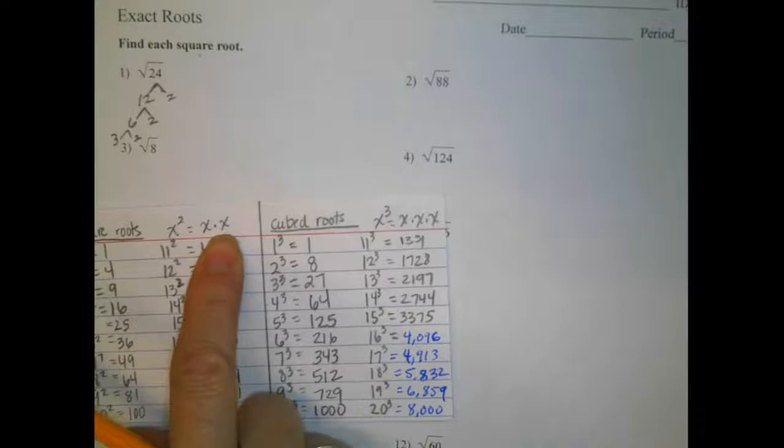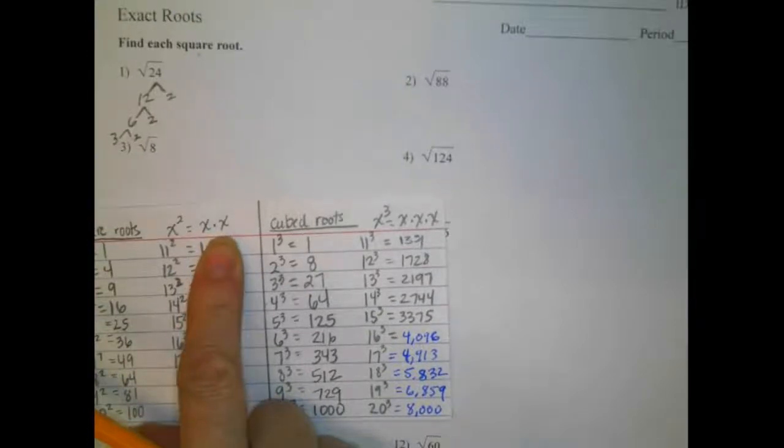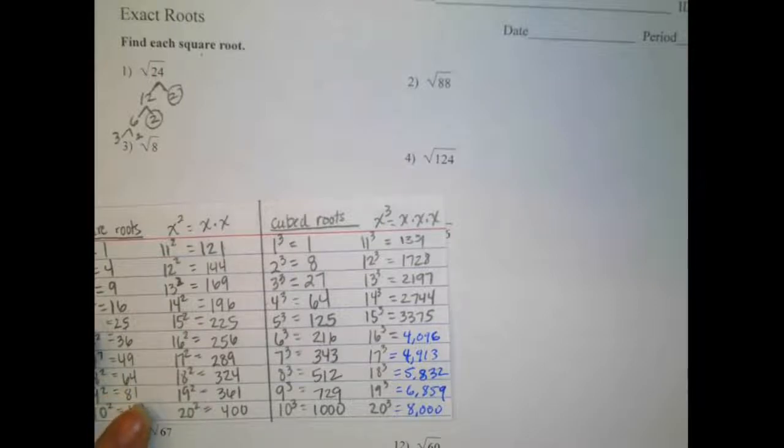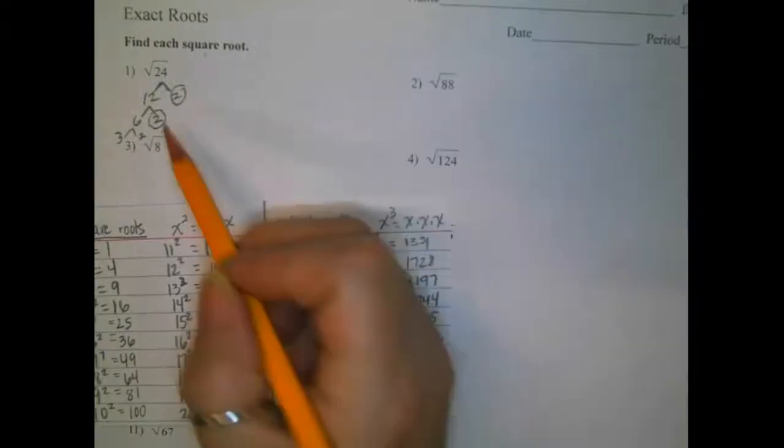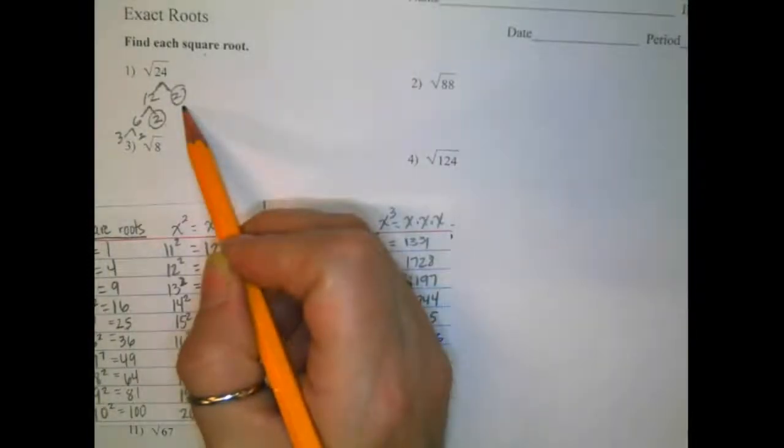So any number times itself is a square root. So that means this 2 and this 2 is a square root, right? 2 times 2? Oh, it's a comedy of coughs in here. Am I right? 2 times 2 would be a perfect square?